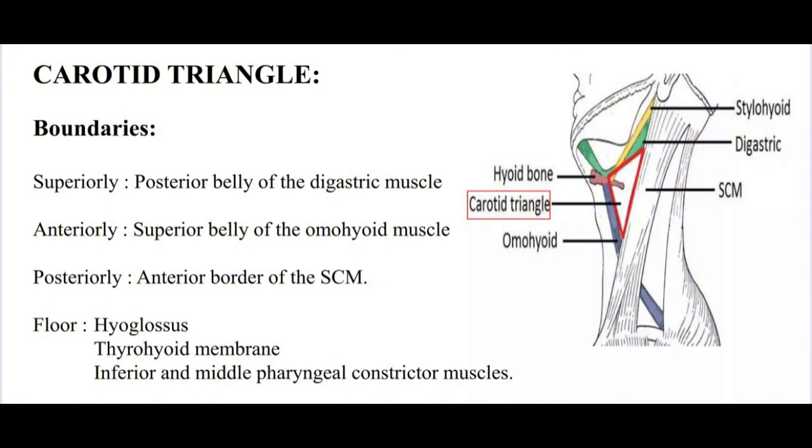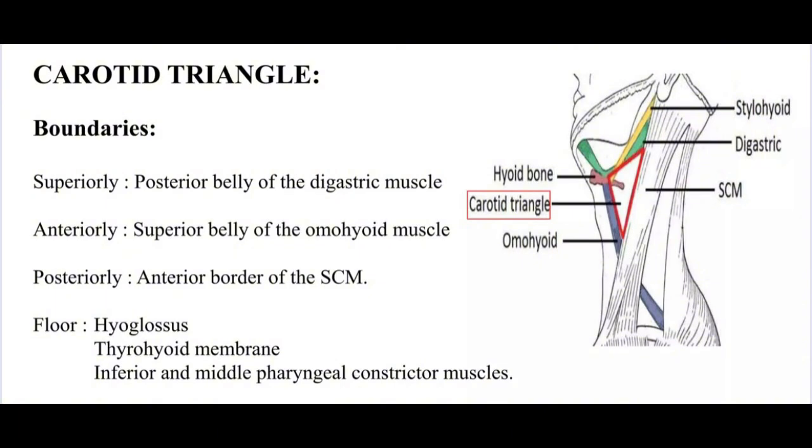I know it as POS, very simple. P is the posterior belly of the digastric, supplemented by stylohyoid. O is the superior belly of the omohyoid. S is the anterior border of the sternocleidomastoid. POS.